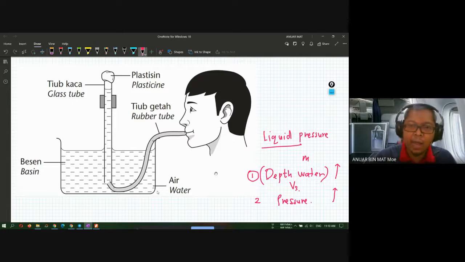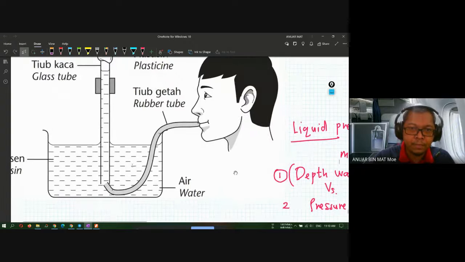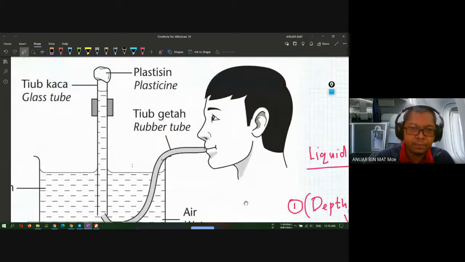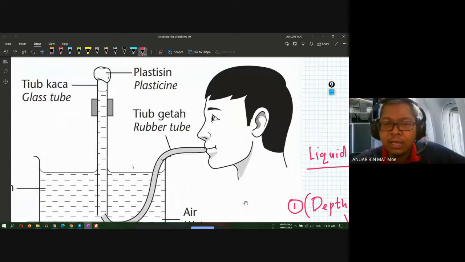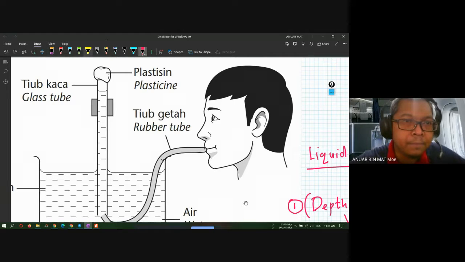So what is happening here? I just zoom in a bit. What happens when the boys blow into the rubber tube? There is a bubble created here.